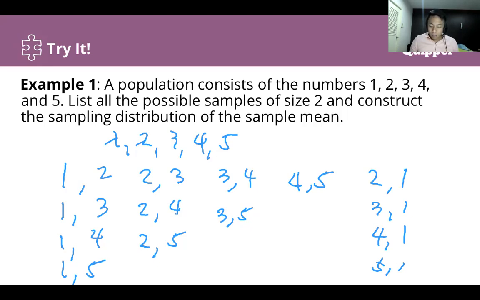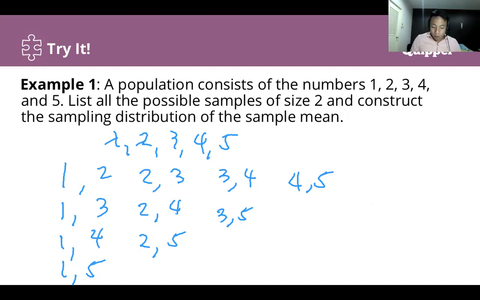Okay, so we will just use the numbers that are different from the others. So 1, 2, 1, 3, 1, 4, 1, 5, 2, 3, 2, 4, 2, 5, 3, 4, 3, 5, and 4, 5. So those are our samples. Okay, those are our possible samples of size 2.